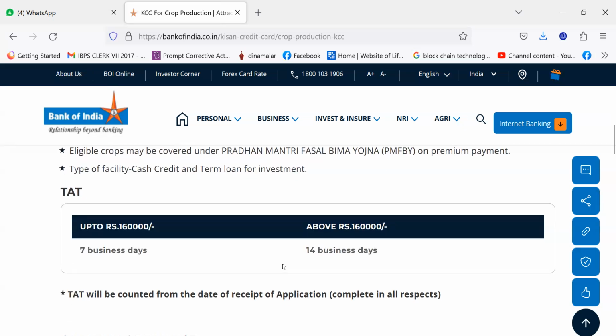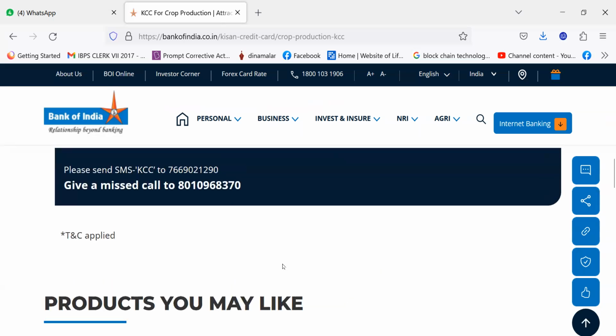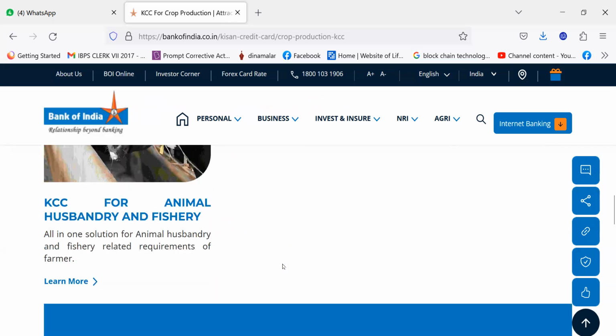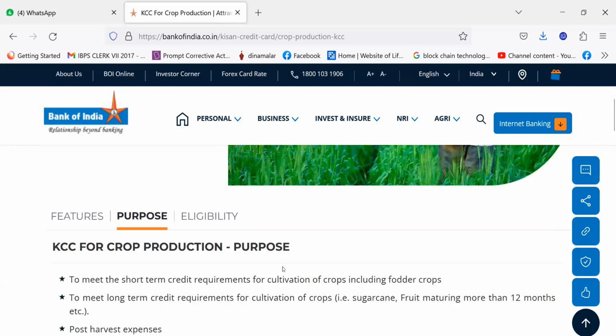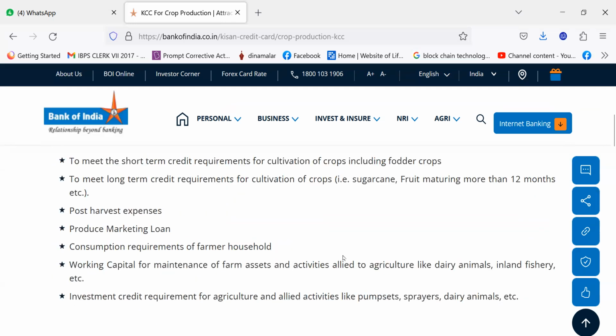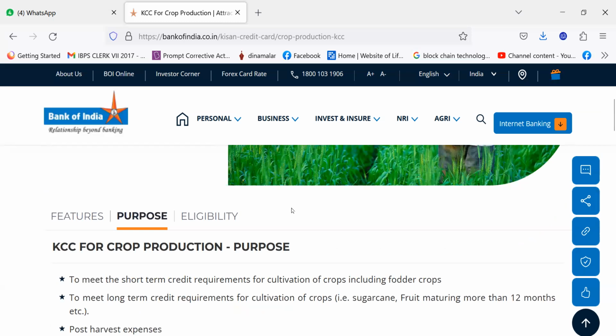Understood? Yes, sir. Good. So I am confused. No, you have to learn about Kisan Credit Card. It is very important. Tell the important features of Kisan Credit Card, and the purpose. Read it. There are two Kisan Credit Card schemes, but there is no need to speak about both, only crop. Okay, but you should also know the second one.